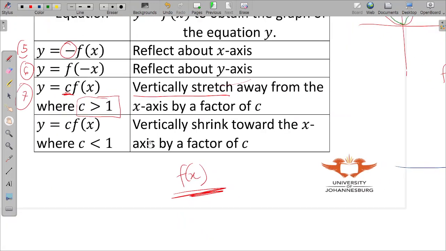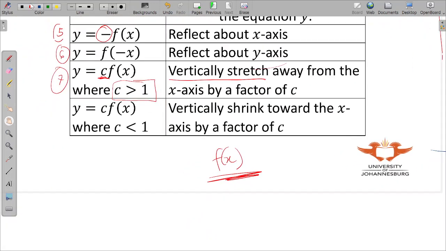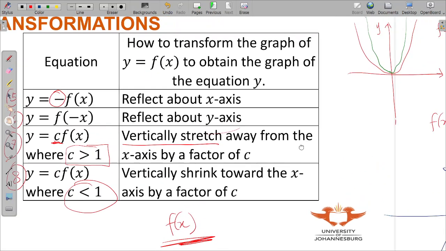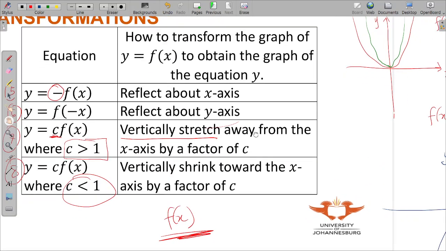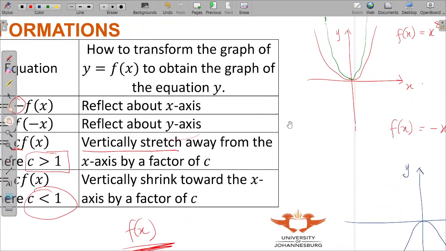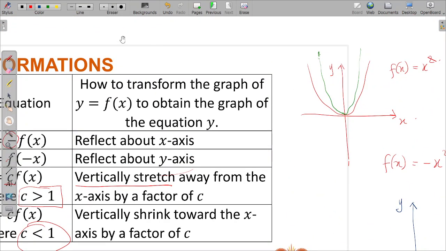But if it is multiplied by a constant and c is less than 1, then it is a vertical shrink towards the x-axis. So that means this will now be shorter.